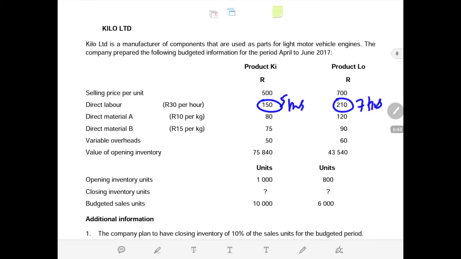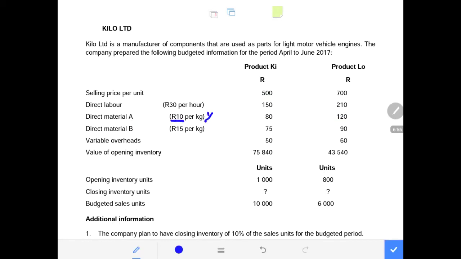The same approach will be applied when it comes to material. Our material is bought at 10 rand per kg, and we don't know how many kgs it takes to complete 1 unit, but after we multiply it by the number of kgs, it will give us the cost of 80 rand per unit.